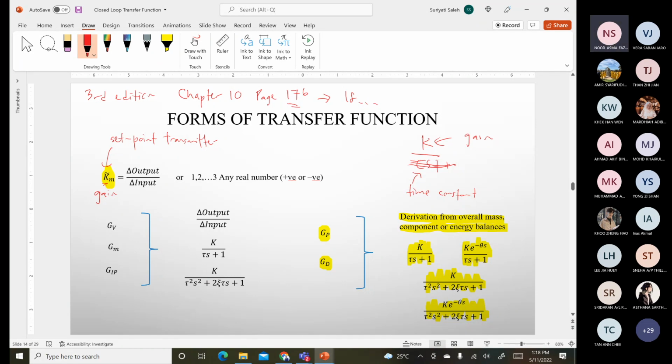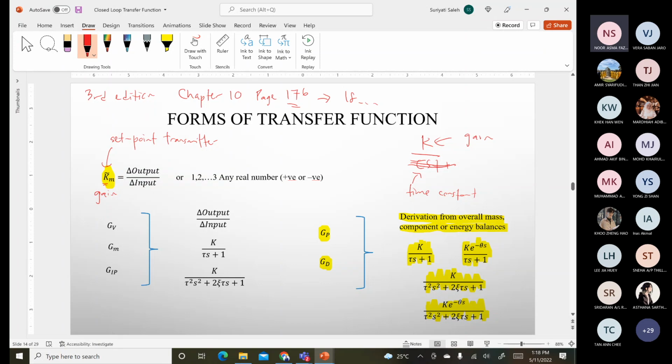It can be positive or negative, because this represents the set point transmitter. The set point sometimes can be increased or decreased. If increased it is positive, and if decreased, then maybe it becomes a negative value. So both are acceptable. For the set point transmitter, you don't have any time constant.